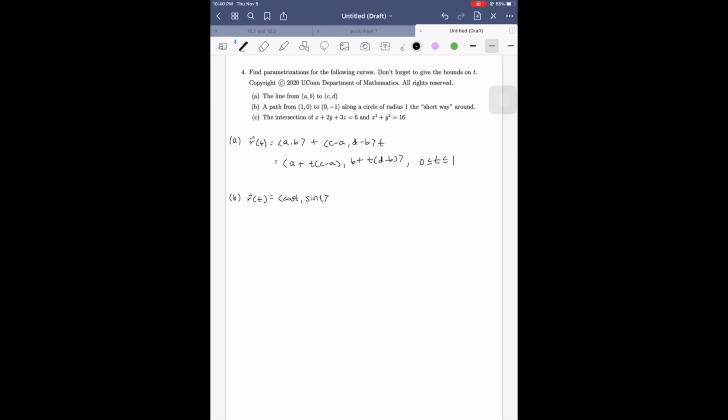However, if we do it this way with positive cosine and positive sine, this would be in the bounds of 0 and 2 pi, which doesn't work as it's not the short way around. This one is counterclockwise.